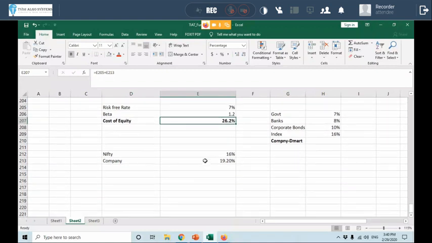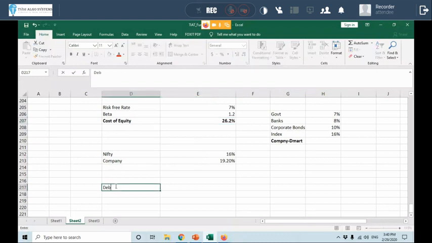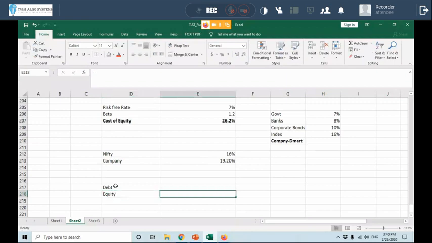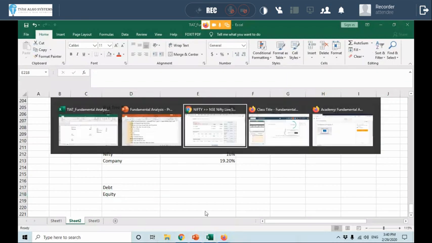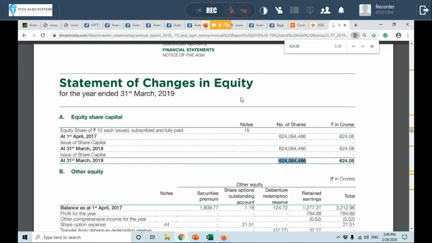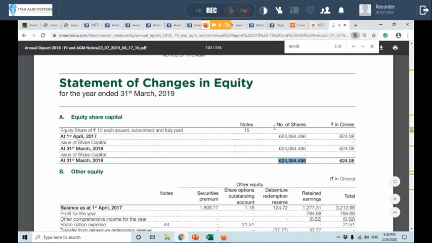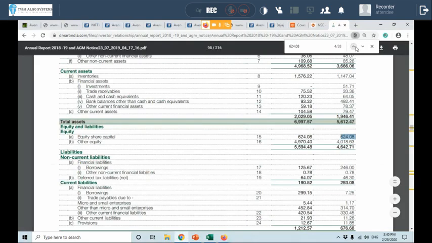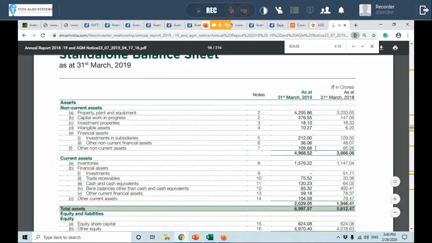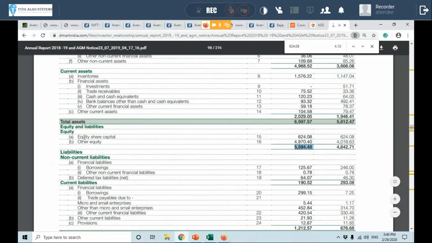Now let's look at what is the WACC of DMart. Let's look at what is the debt amount it has and what is the equity amount it has. Equity is 624. So total equity is 5594. See, this is your share capital, but we have others also.